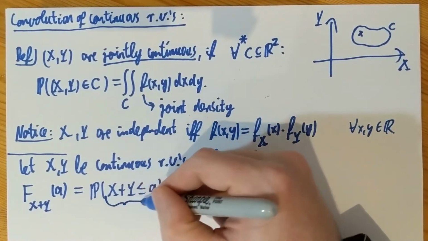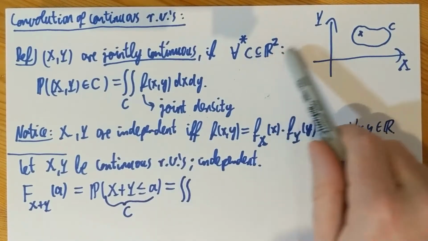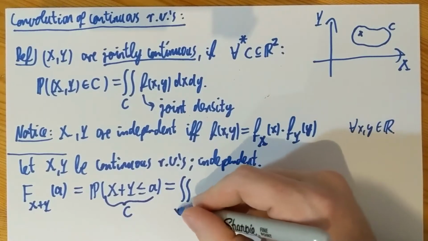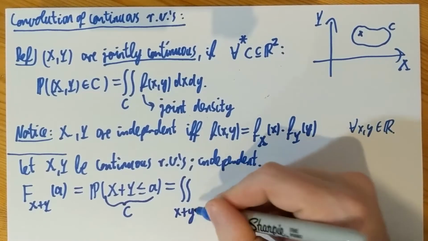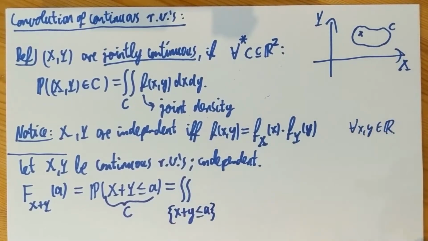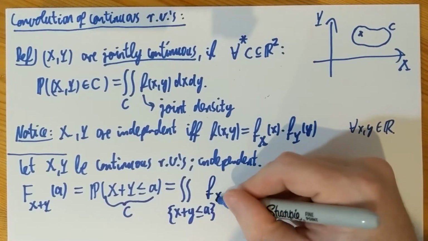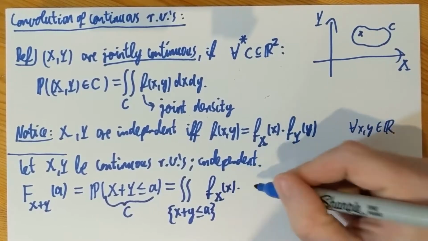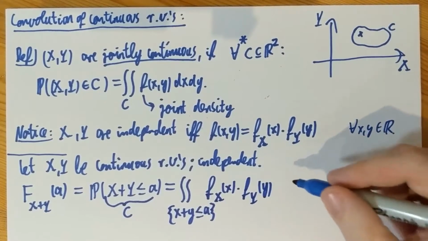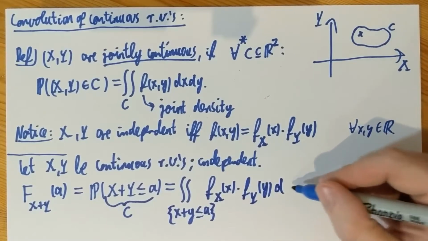So this is going to be my set C, and that set C is measurable, so there is no problem with the definitions. So integrate over this set, x plus y smaller than or equal to a, that's my set C, the joint density. What is the joint density? The joint density is the product of that for X and that for Y, and then dx and dy.